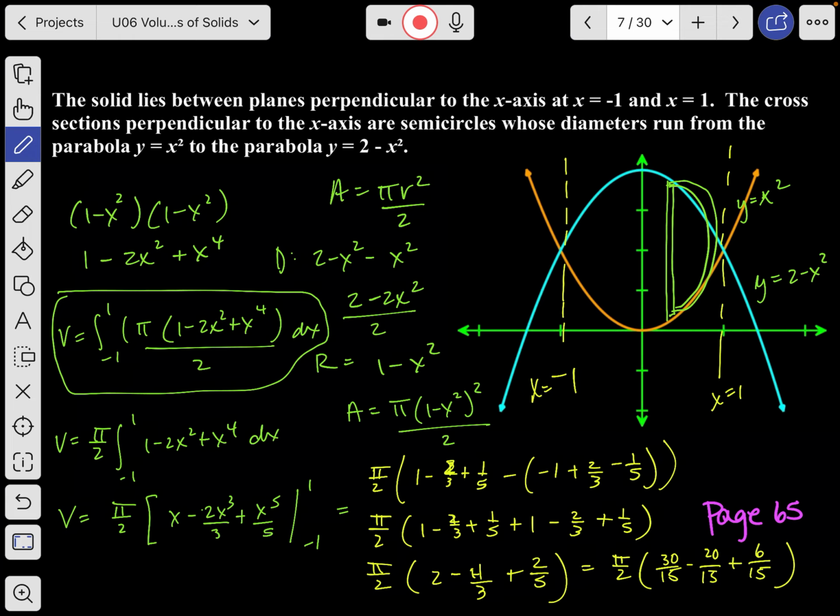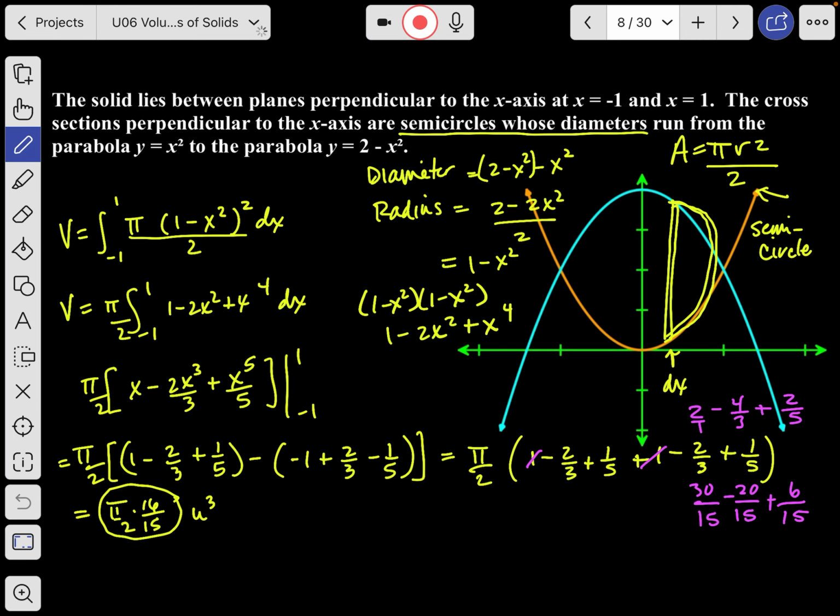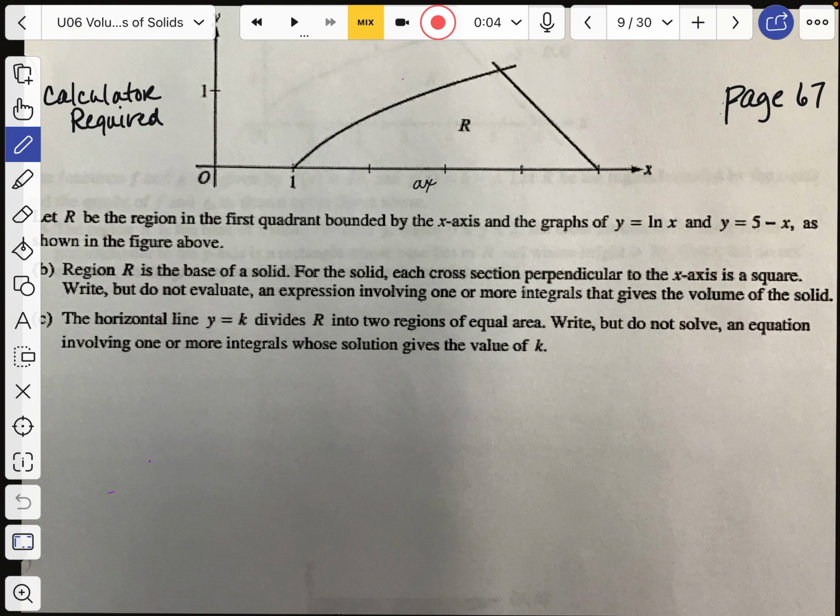So 36 minus 20, I'm going to write my final answer. Let's see if I can squeeze it in up here. Pi over 2 times 16/15, and this is units cubed. All right. Here it is again, worked out: pi over 2 times 16/15 units cubed. Great.